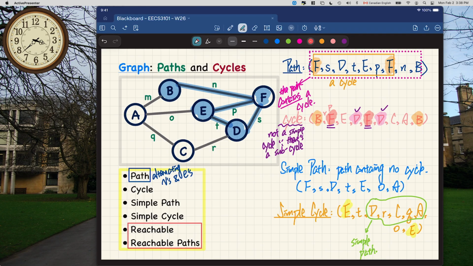Usually when you say reachable, you're really talking about two vertices for you to reference. You would say a vertex is reachable from another vertex if there's such a path you can go from in the graph. So this is the so-called reachability problem.